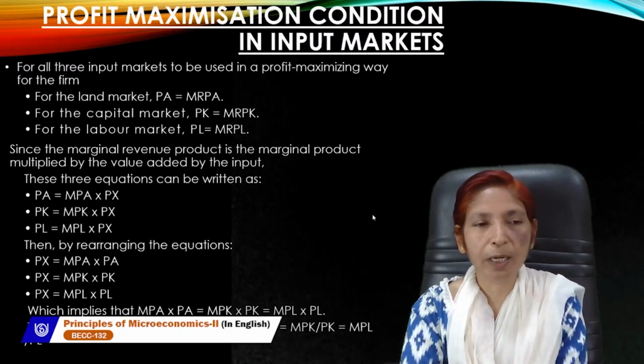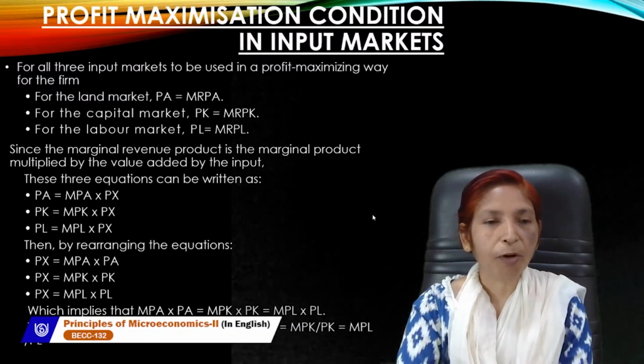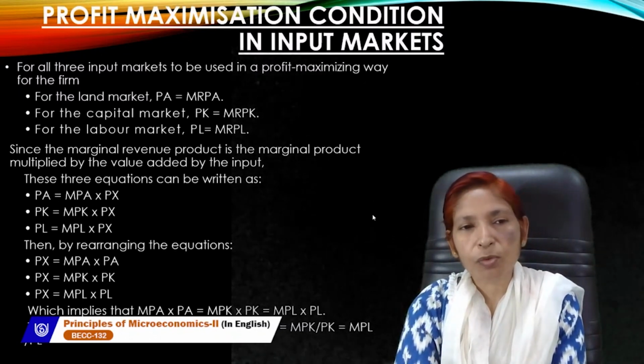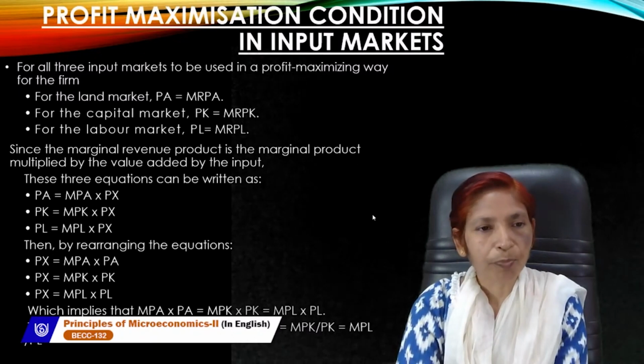So, in these three markets, land market, capital market, and labor market, the equilibrium or profit maximizing condition is PA is equal to MRPA. This exists in the land market.